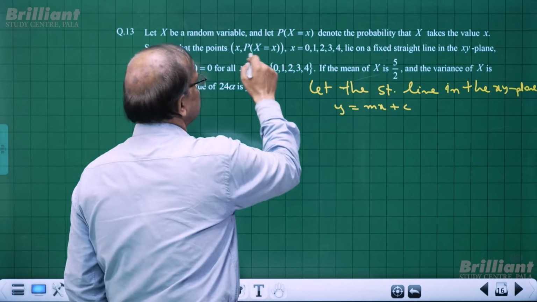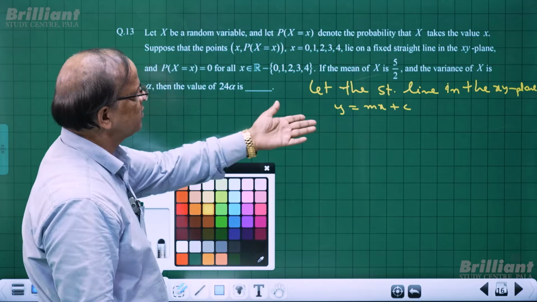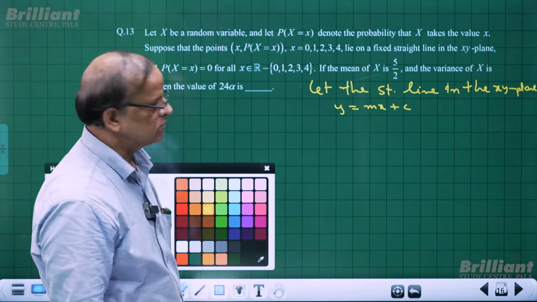This is the point, this is the probability, right. So, what are the points on this line? These are the points, okay.